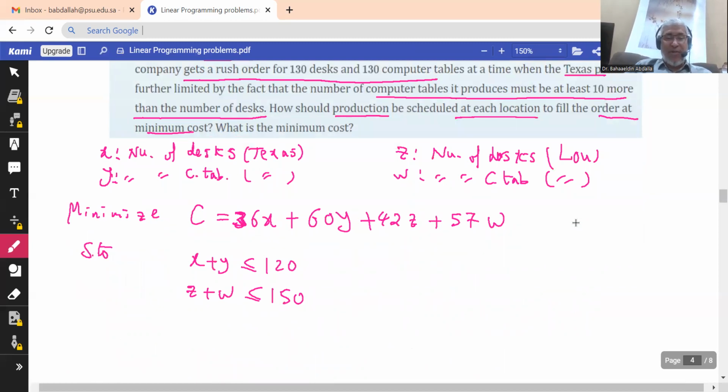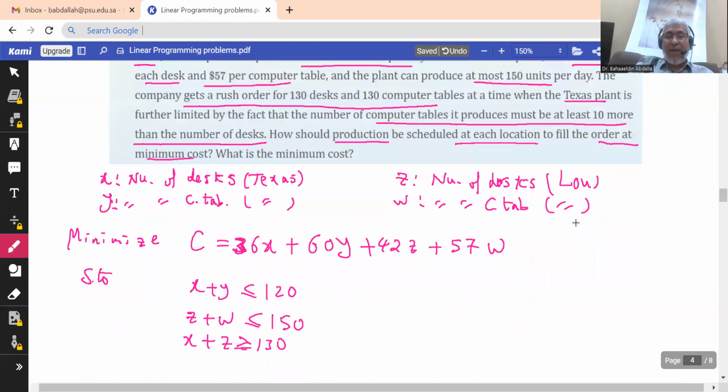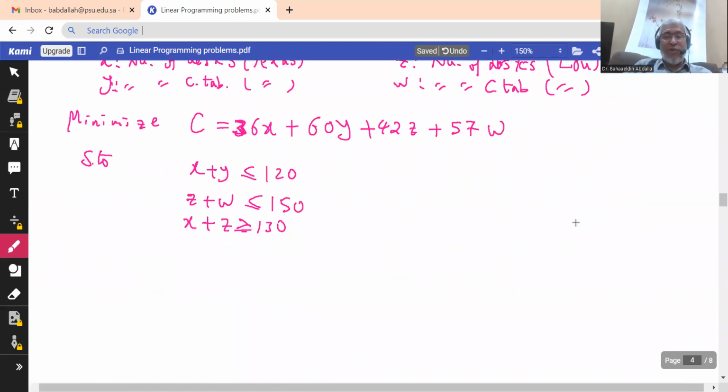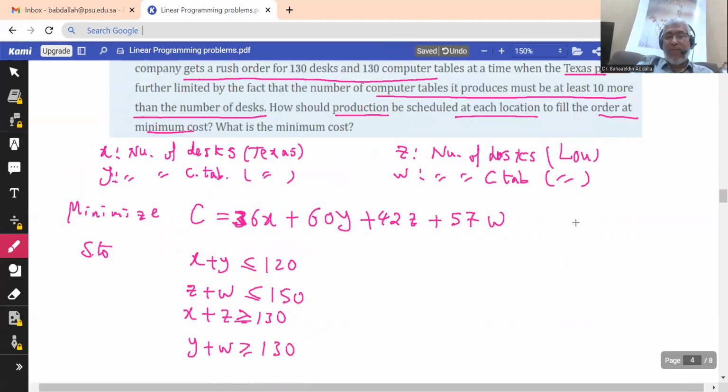X, the number of desks in Texas, plus Z, the number of desks in Louisiana, should be greater than or equal to 130. Because there is an order of 130 desks and 130 computer tables, Y plus W should also be greater than or equal to 130.